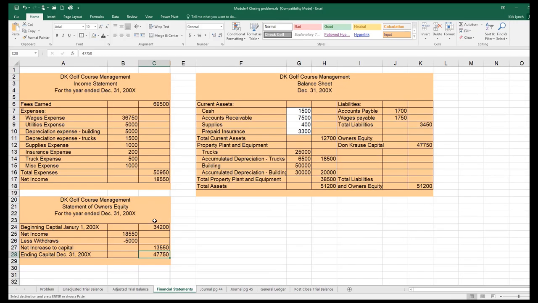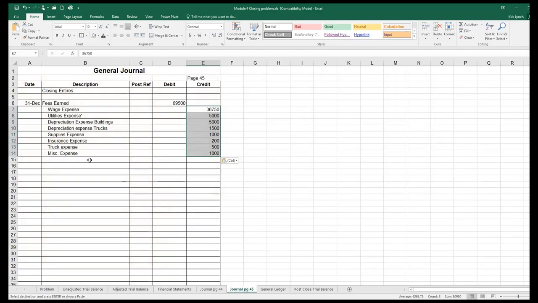I know that because back here on my income statement, my total expenses were 50,950, and my total revenue is 69,500. And one of the rules of journalizing is that your total debits must equal your total credits. That's not the case here. So we need one more account here, and the account is Don Kraus Capital.